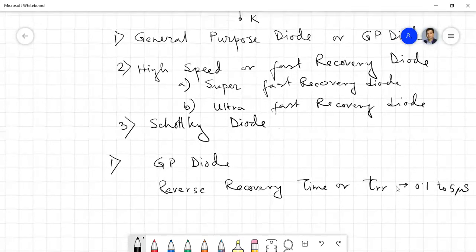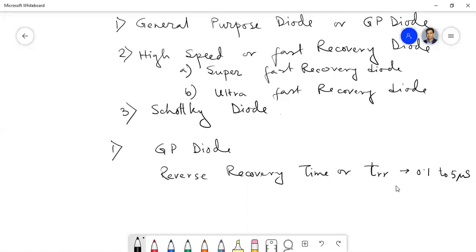Okay, and they can withstand a voltage of 50 volts up to 5 kilovolt, and are available in several hundreds of ampere.